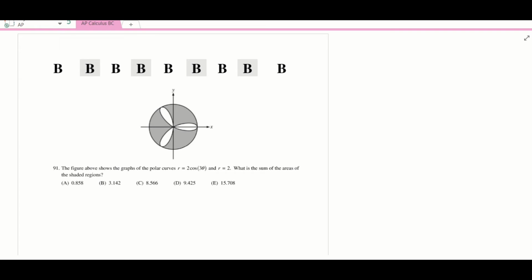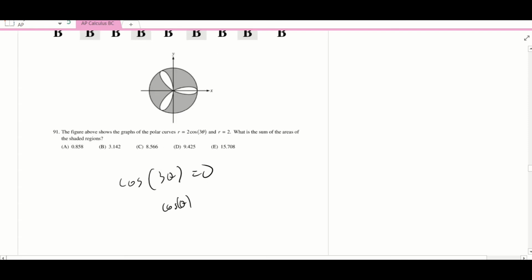Well, when is r equals 2 cosine 3 theta 0? It is 0 when cosine 3 theta is 0. Cosine alpha is 0 when alpha is equal to pi over 2 or negative pi over 2.